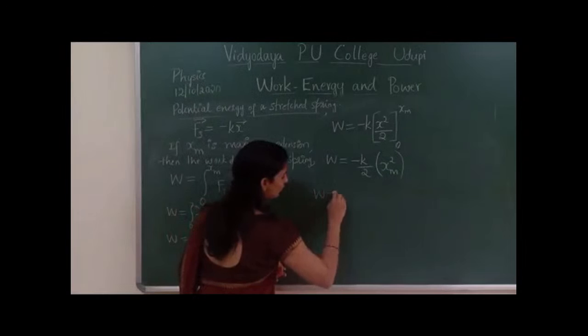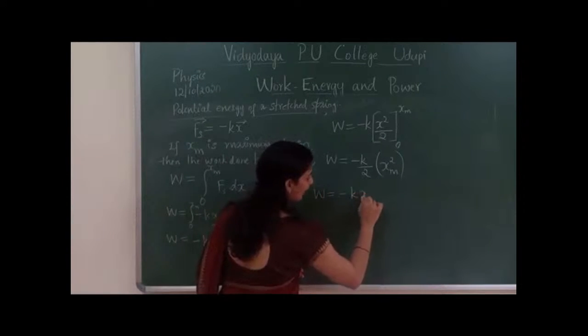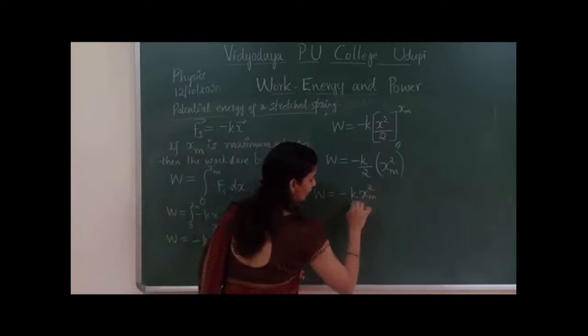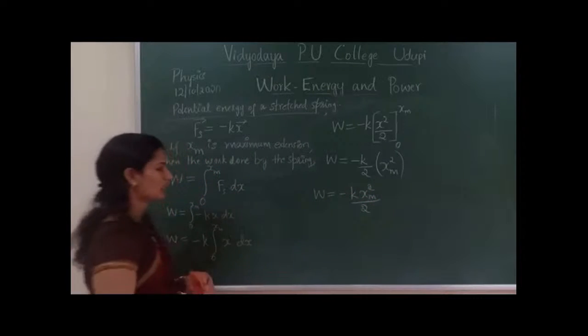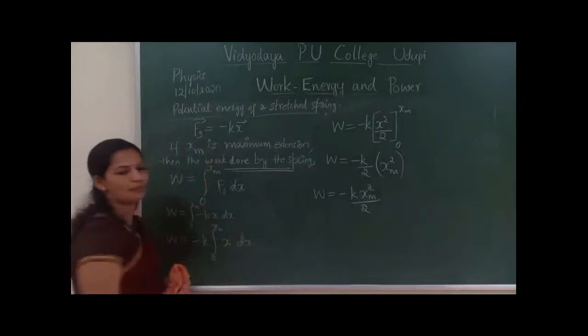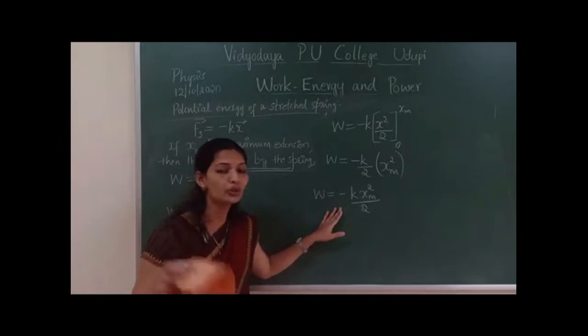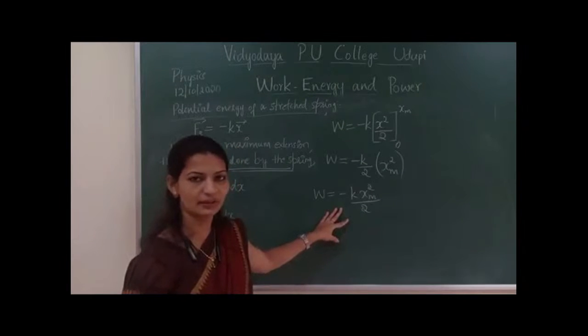Then we can write work done is equal to minus k xm square divided by 2. This is the work done by the spring due to the spring force, isn't it?